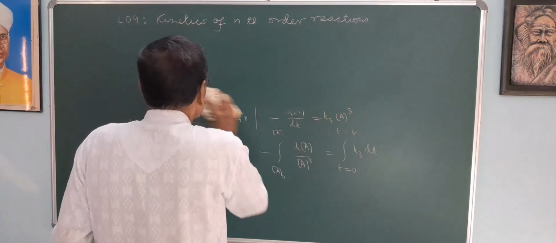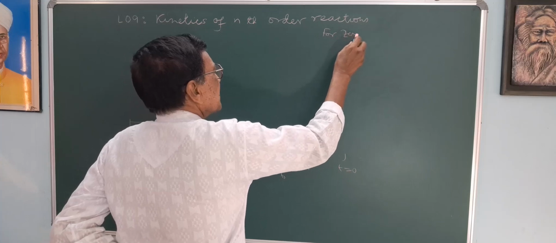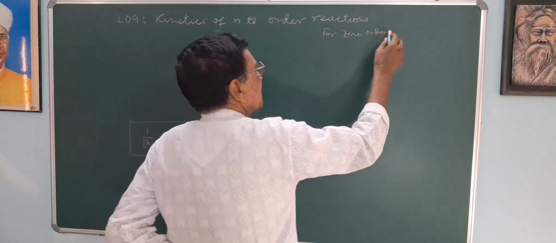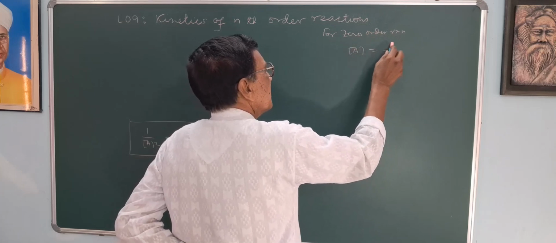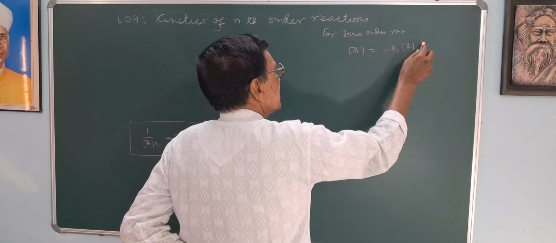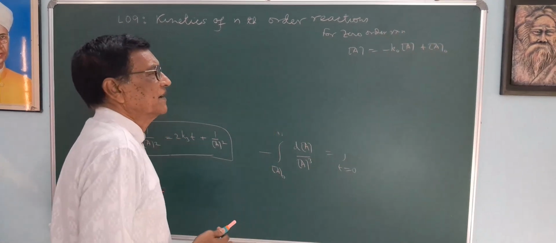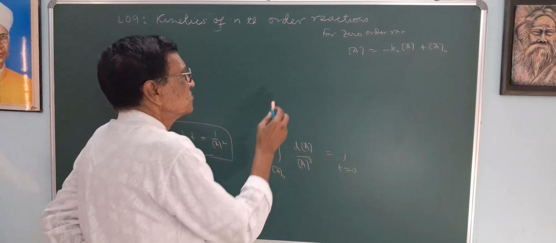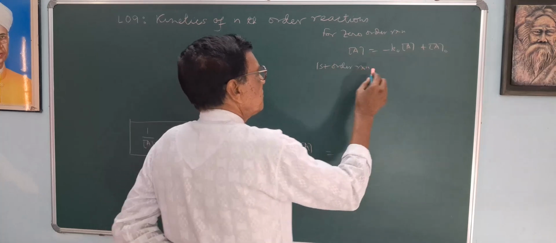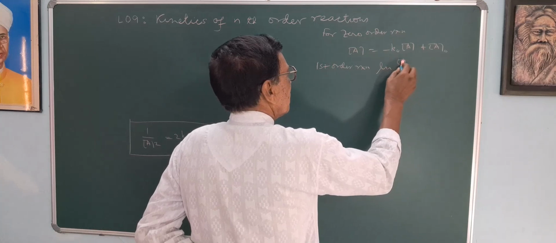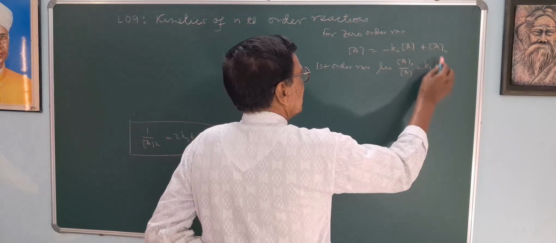So far, for a zero order reaction, the integrated rate equation is [A] equal to minus K0 t plus [A0]. For the first order reaction, it is ln([A0]/[A]) equal to K1 t.